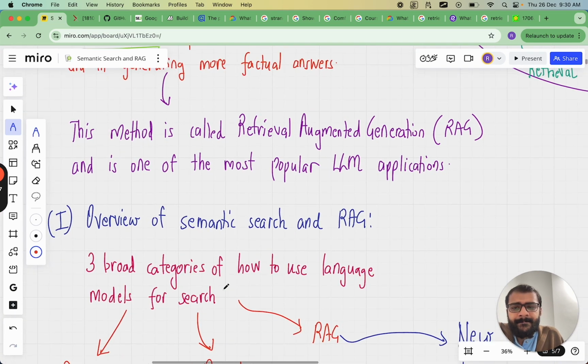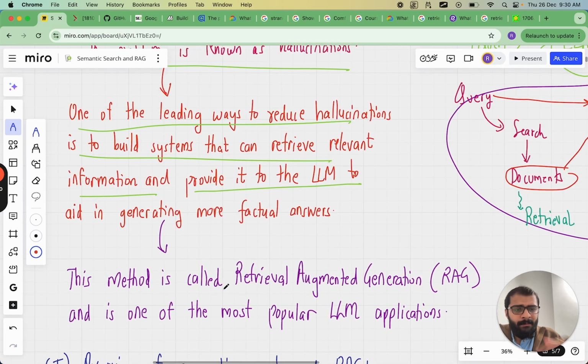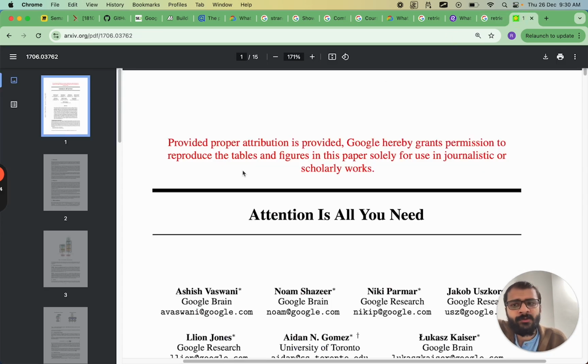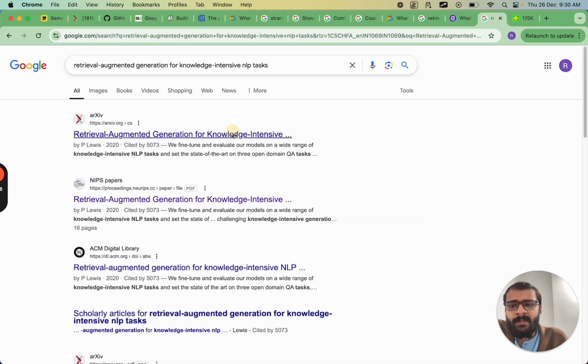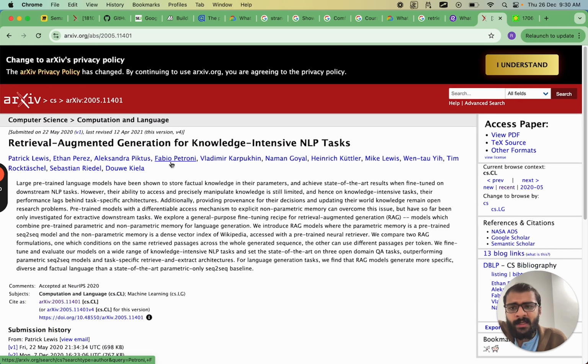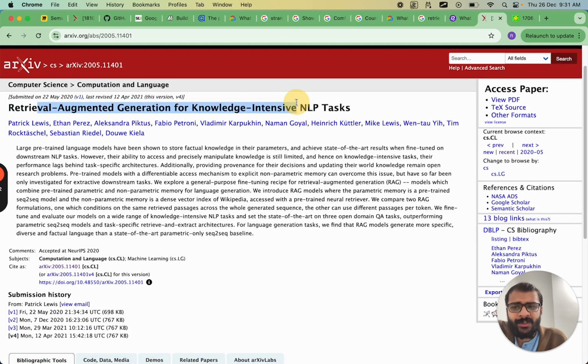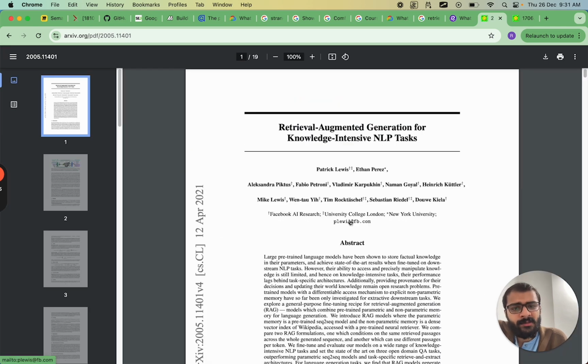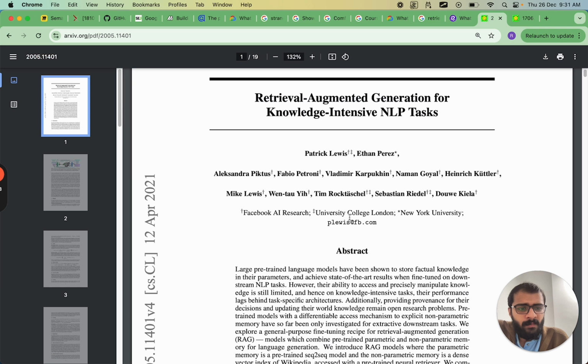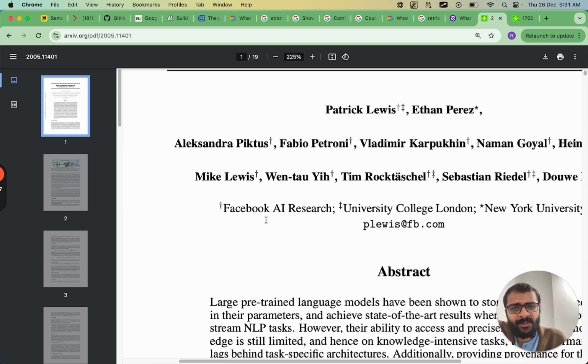The main paper which introduced RAG, I believe, is this paper which was released in 2020. It's called Retrieval Augmented Generation for Knowledge Intensive NLP Tasks. Let's look at the authors. As always with top research, it's either Google DeepMind, OpenAI, or Facebook AI Research.